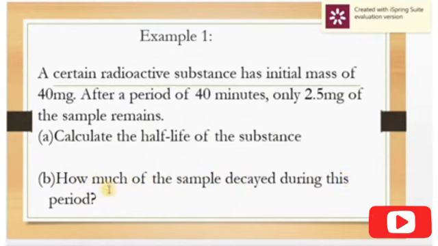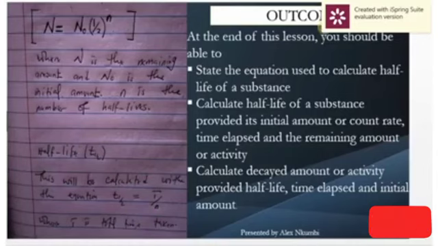So you can see that in this question we have this outcome that is looking at calculating the half-life of a substance provided you are given the initial amount, the count rate, the time elapsed, and the remaining amount or activity. That's where the first question is coming from.